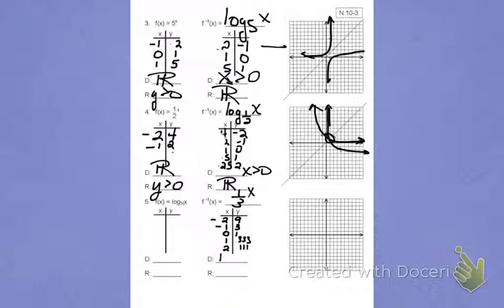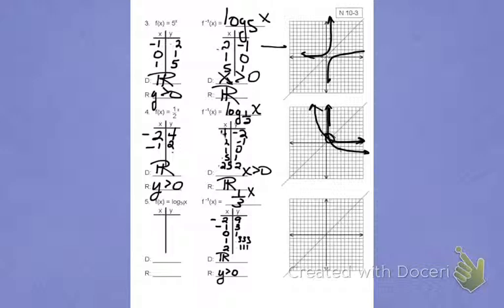We think the domain should be all real, and the range should be y is greater than 0, but we can verify with the graph. Okay, put our y equals x line on. Okay, we have -2, 9.